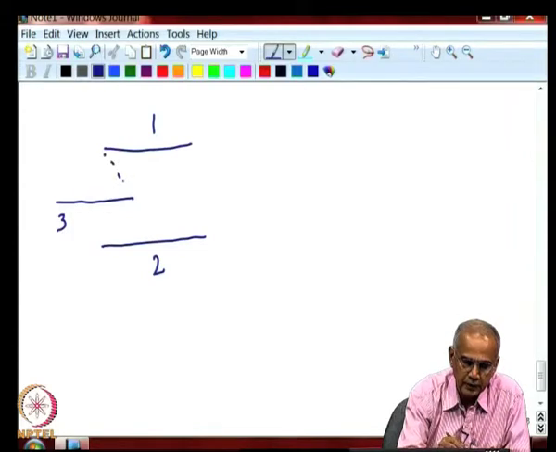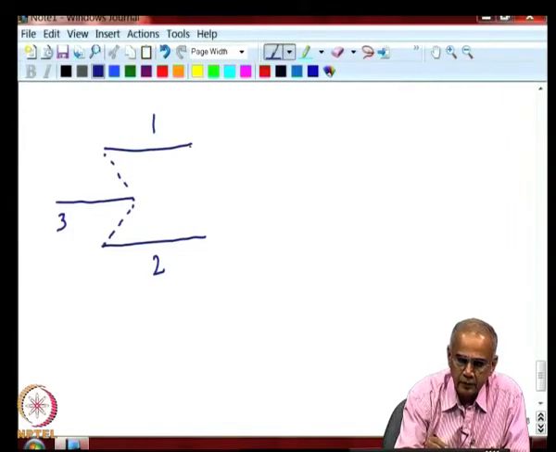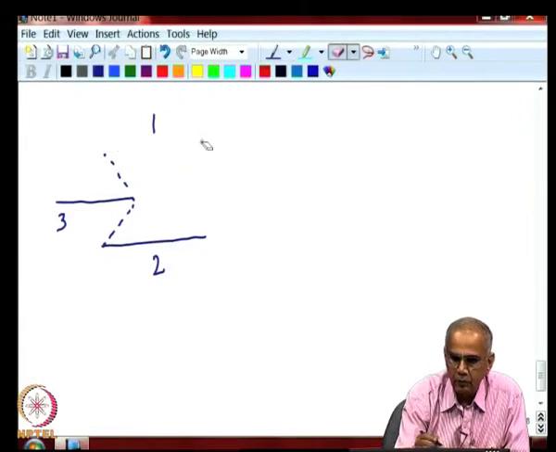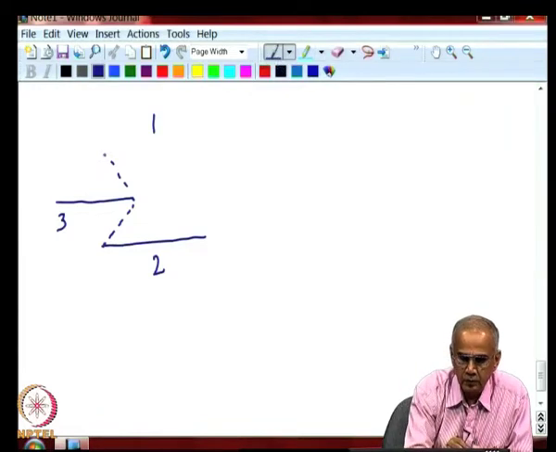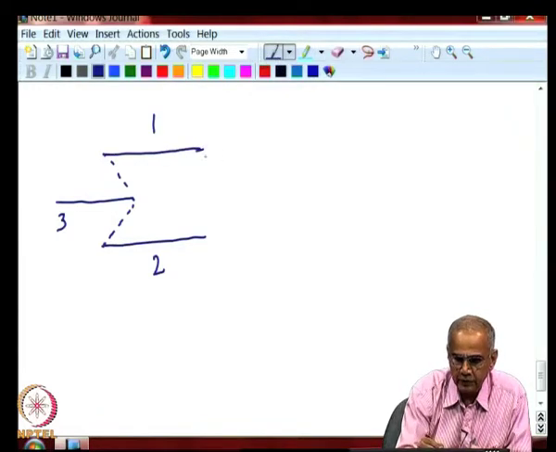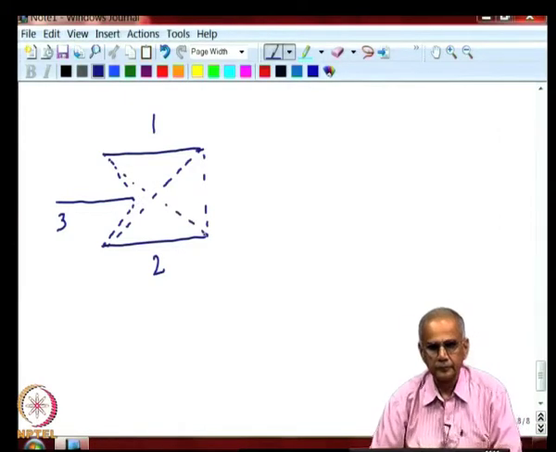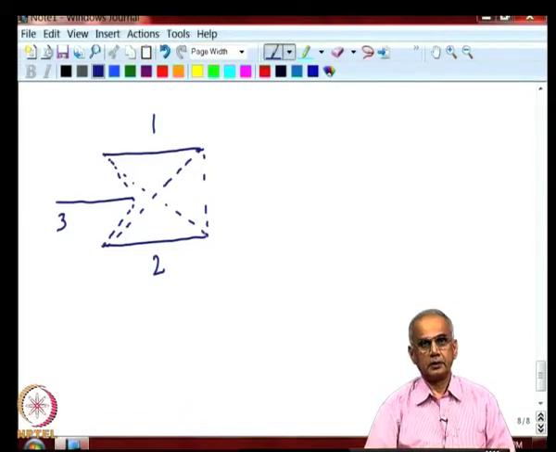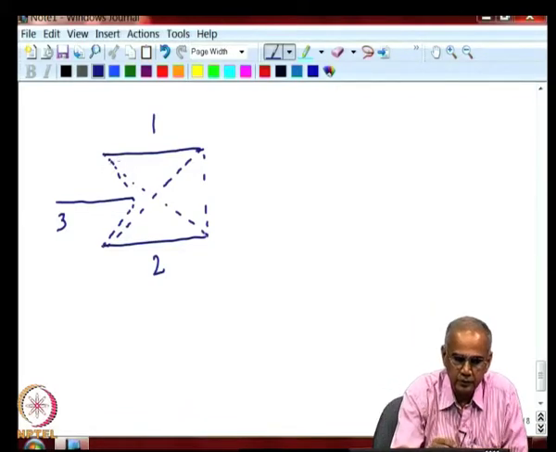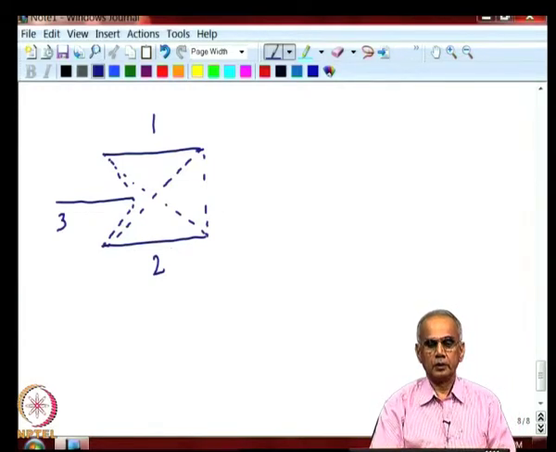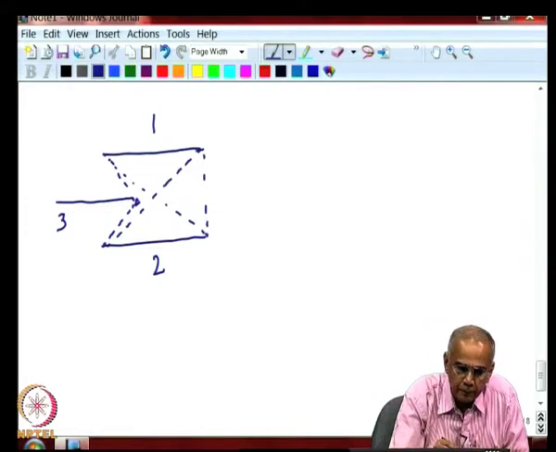You draw the parallel strings like this. Okay. The other parallel string of course is the same as before, and the cross strings are drawn like this and like this. Now, we have constructed two triangular enclosures with a common base. So, let us call this edge 4, okay.